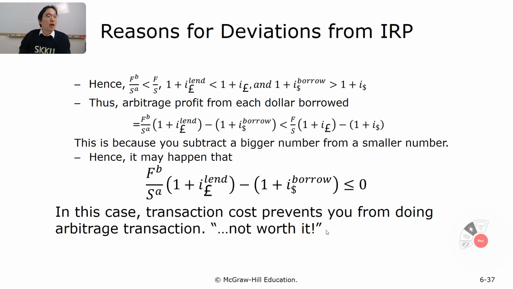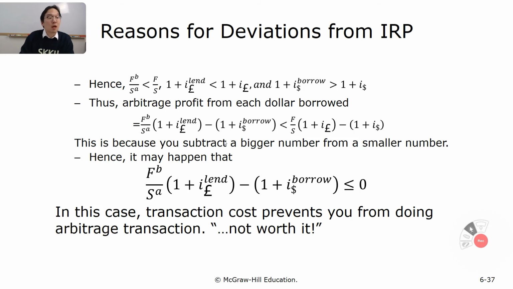Then what? Well, hence, the forward rate bid over spot rate ask will be smaller than the forward rate midpoint over spot rate midpoint, because this midpoint is bigger than this one, and this midpoint is smaller than that one. So a smaller number over a bigger number gives a smaller number.